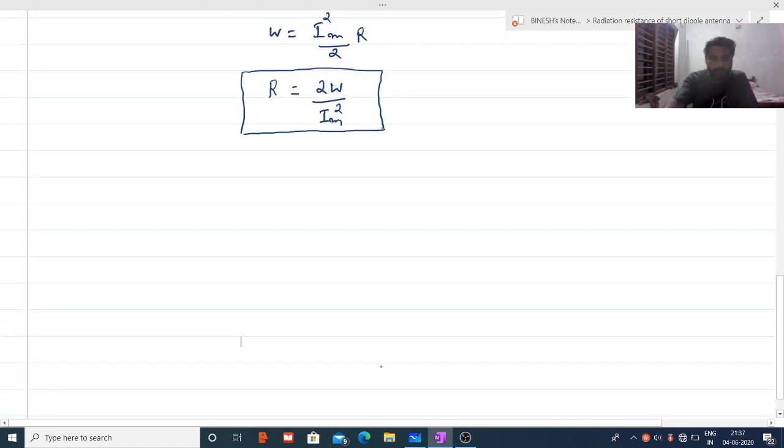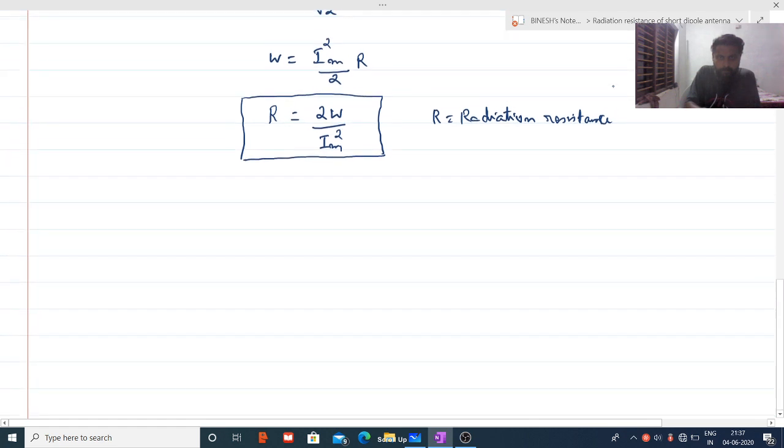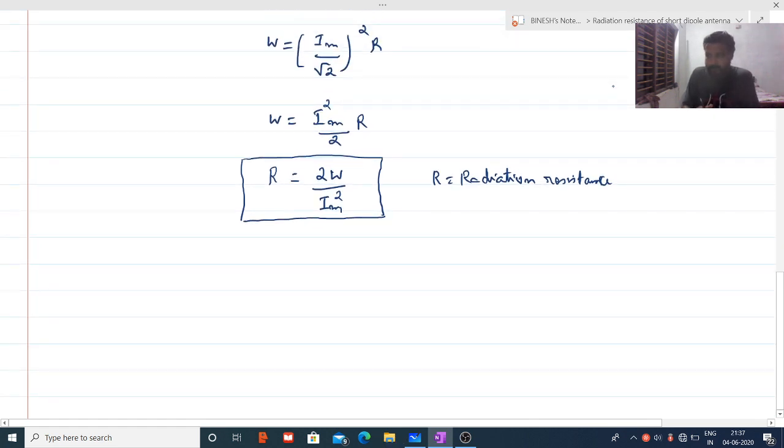So here R is nothing but the radiation resistance, and W, already you know, is nothing but the power radiated, and Im is nothing but the current that is flowing through the antenna.